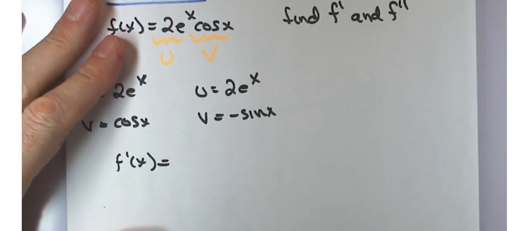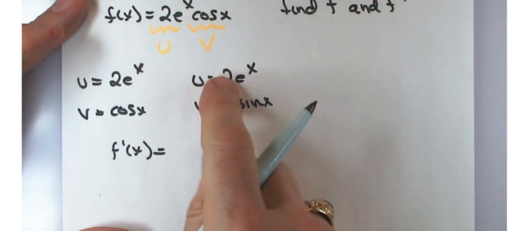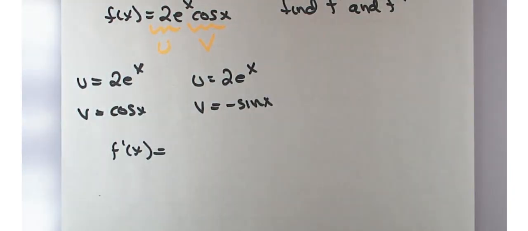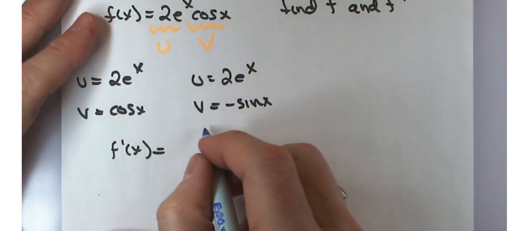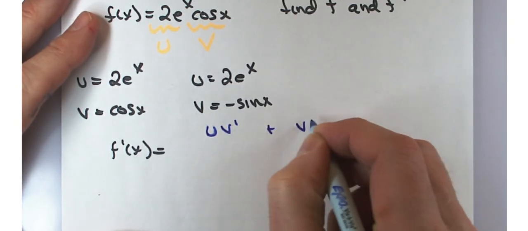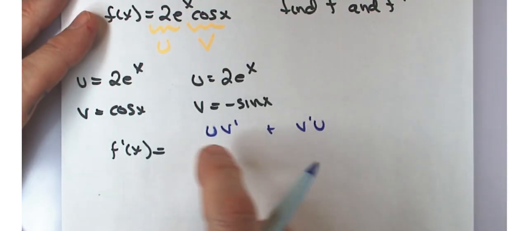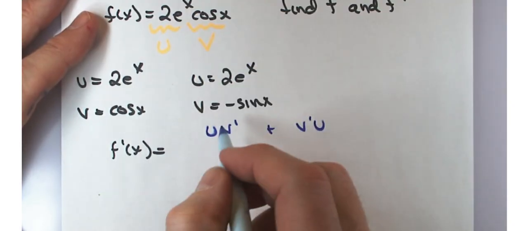Looking good. A lot of you are making good progress on this, and I'm very happy about that. So we want to do u prime v plus v prime u. Some of you are doing it in a different order, and that's fine. It happens every semester. Whatever works for you. So u prime, actually I wrote that backwards, right?